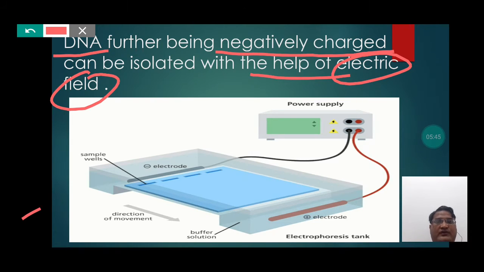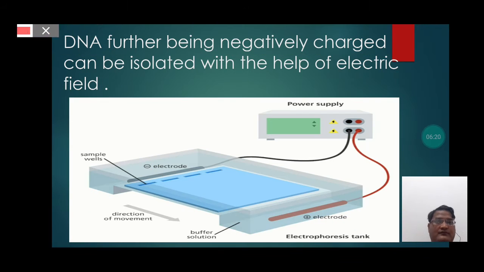So students, here you can notice electrical appliance where the small fragments of the DNA are being placed and the device is having two separate plates, which is the negative plate and the positive plate.